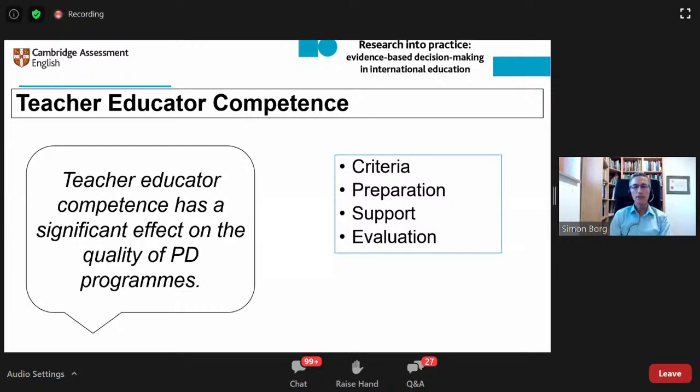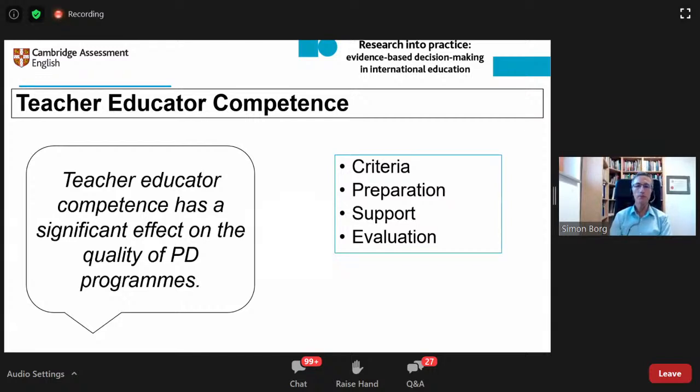And for many teacher educators, this was a new experience, and they needed immediate support from the program organizers to prepare them for that role. And because that support wasn't immediately available, some of the teacher educators did find the transition from face-to-face workshops to webinars challenging, and that inevitably will have impinged on the quality of the professional development program.